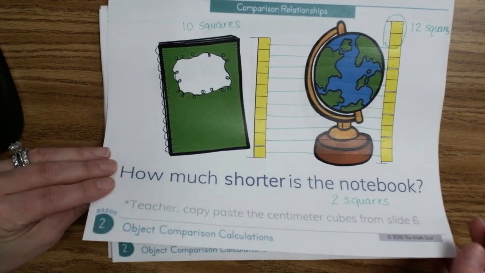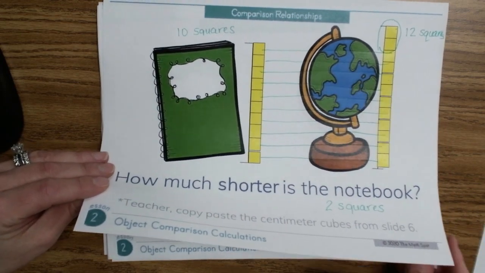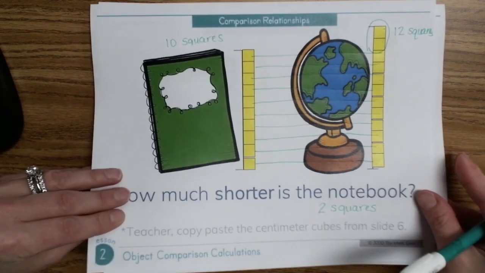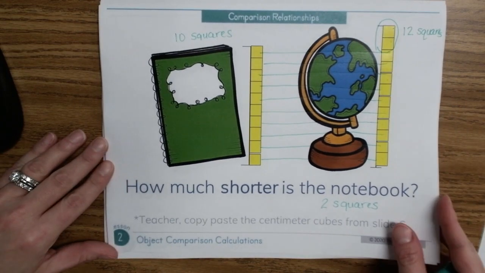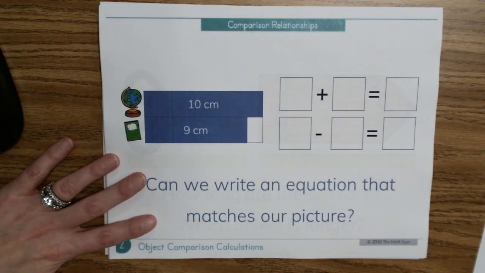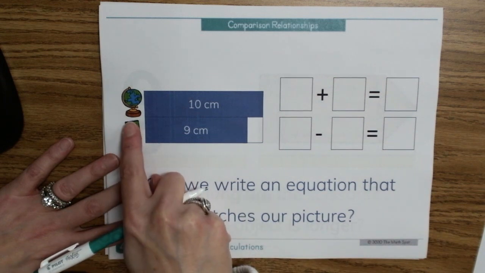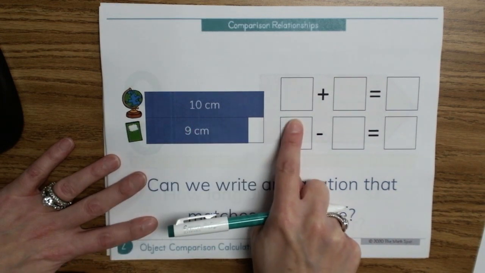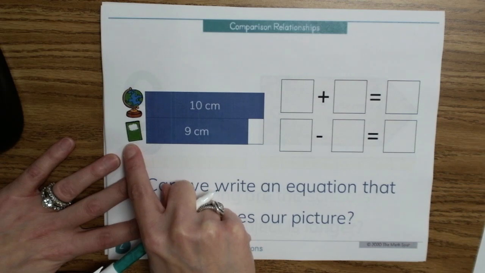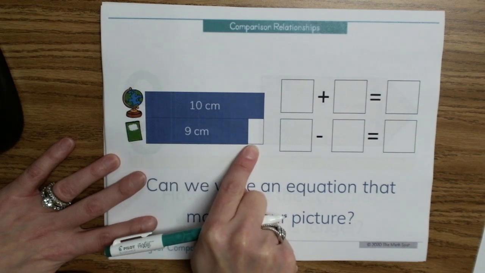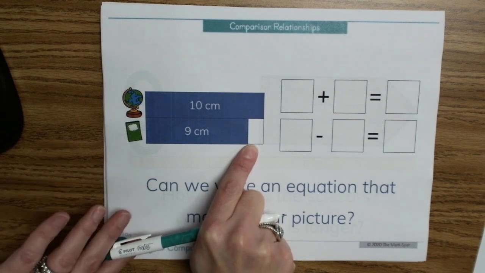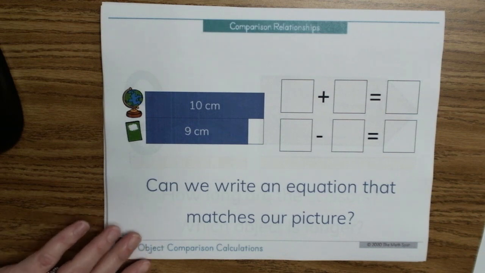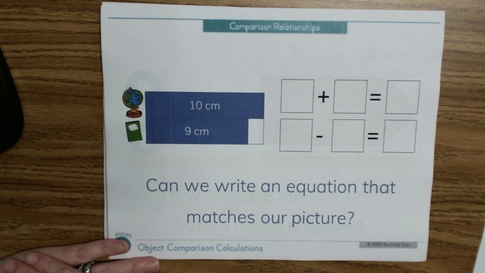So now let's look at building our number sentence, okay? So if our globe was 10 centimeters and our notebook was 9 centimeters, we know that the globe is going to be the tall one and the notebook is going to be the short one. But we're wanting to know how much shorter.